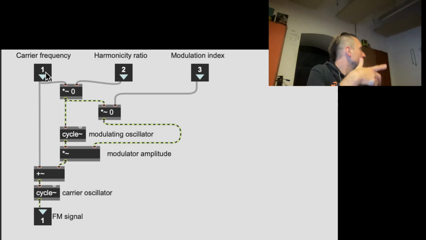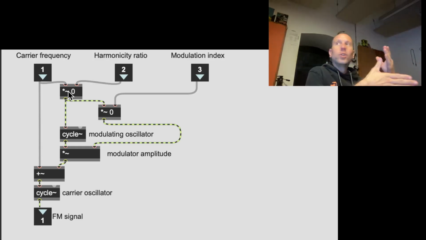If I move the carrier frequency to 621, you see the modulation frequency will move along and it will be 310.5. And I will retain the harmonicity of the spectrum. You see, so this is the trick. To create the harmonicity parameter, you actually make sure that the modulation frequency depends on the carrier frequency.